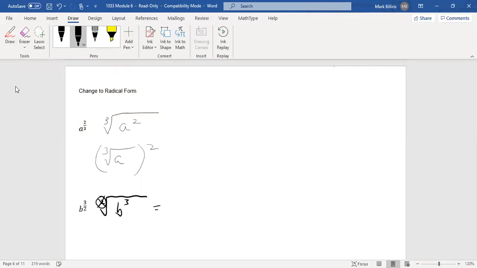So our answer to this would either be the square root of b cubed or the square root of b being cubed. So again, rational exponents are just another way to express something that's in radical form, to maybe make it easier to solve or simplify.